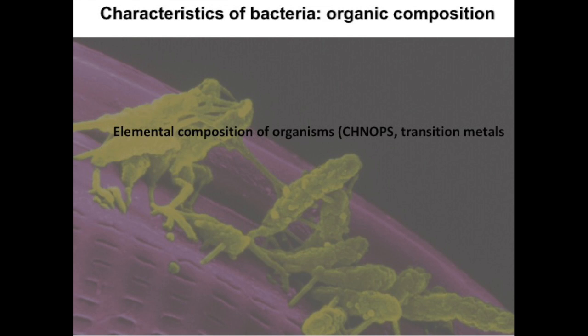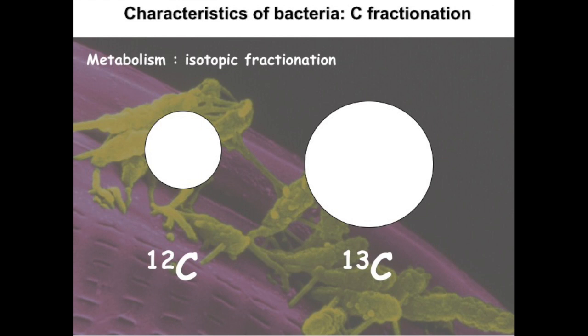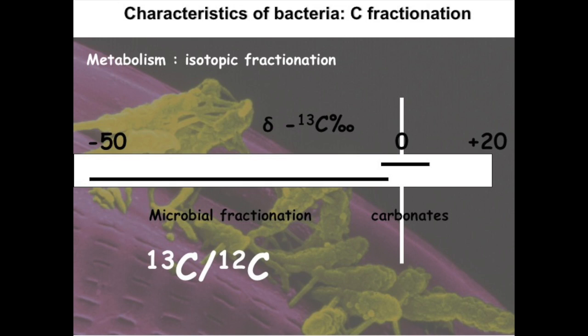It's C13 over C12, and the organisms prefer the C12. So we measure this as delta C13 per mil. Carbonate, inorganic carbon, is around 0, but for organic matter it goes down to minus 50 per mil and even more.